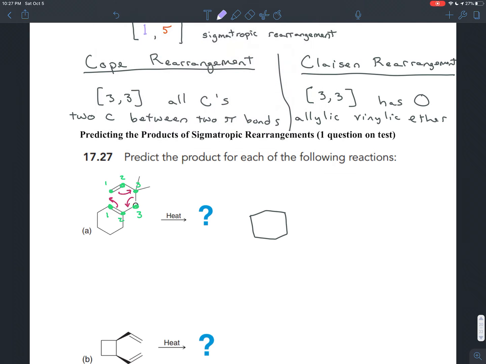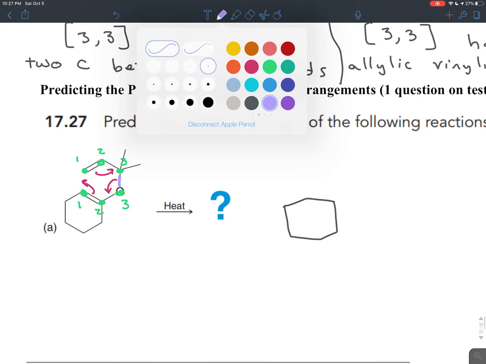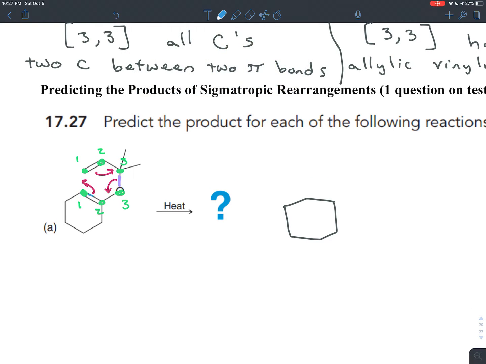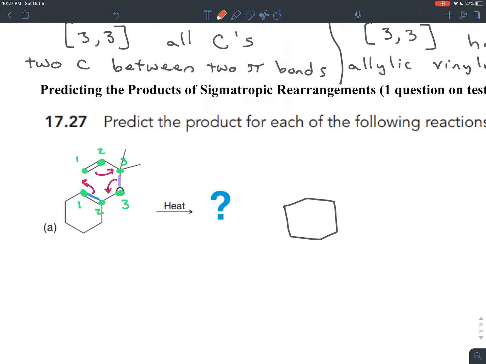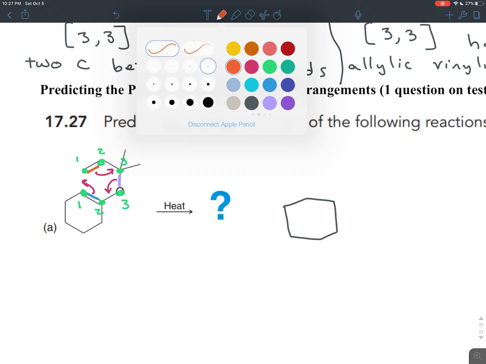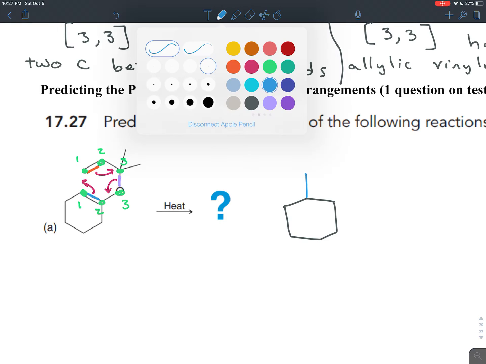And just so we can follow these a little bit more easily, those electrons, I'm going to color them. So we will have those blue electrons going over to create a sigma bond.